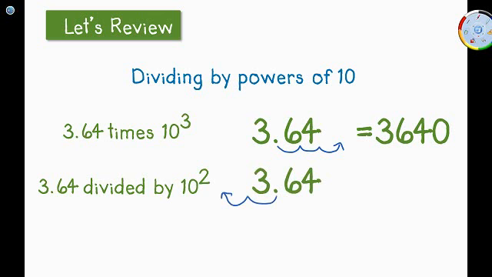I'm going to move it to the left because I'm dividing, 2 positions because my exponent is a 2 here. And I end up with 0.0364. Of course, I fill in those empty spaces because I'm moving beyond the 3. I need to fill it in with a 0 in this case.